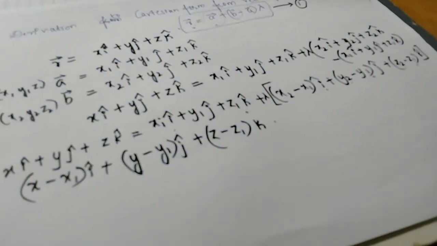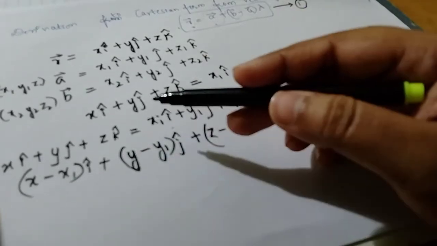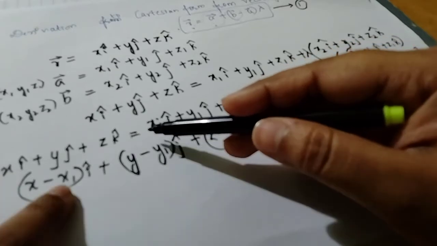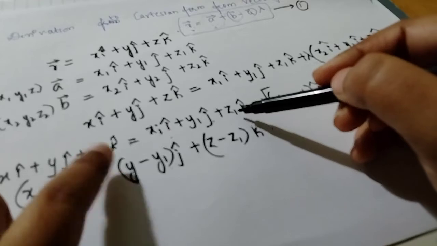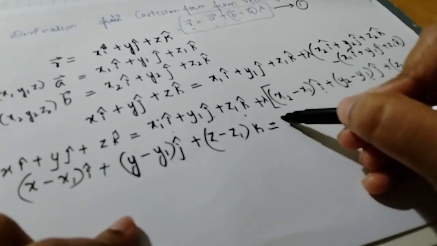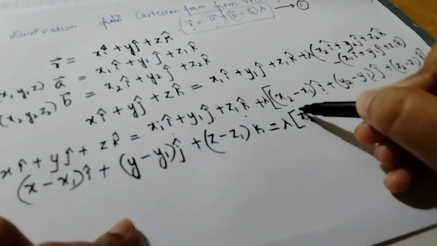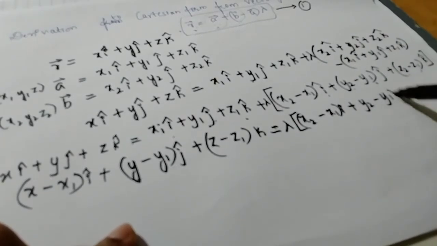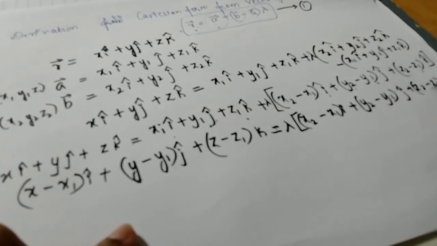Okay, so what did I do now? I shifted the terms x1, y1, z1 to this side. When shifted to this side, the coefficient of i is the same, so it became x minus x1. Comparing these, y minus y1 into j, z minus z1 into k. So this is equal to lambda into bracket x2 minus x1 into i plus y2 minus y1 into j plus z2 minus z1 into k.